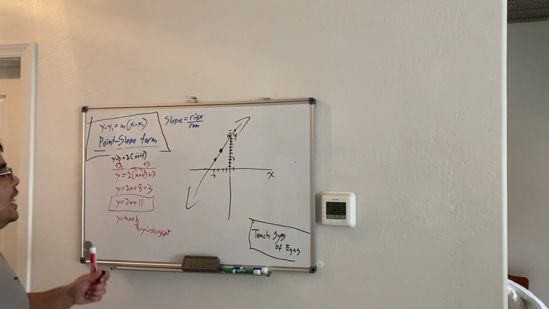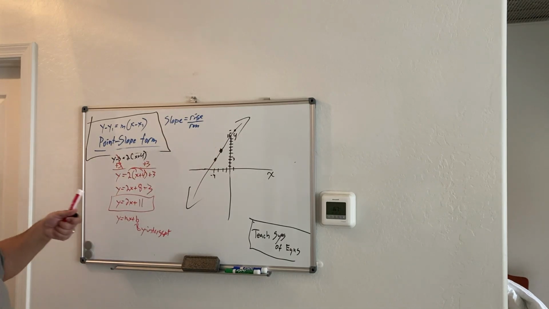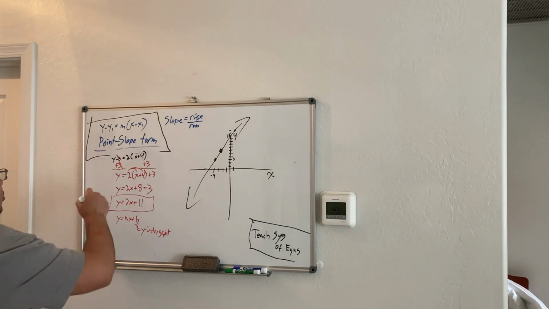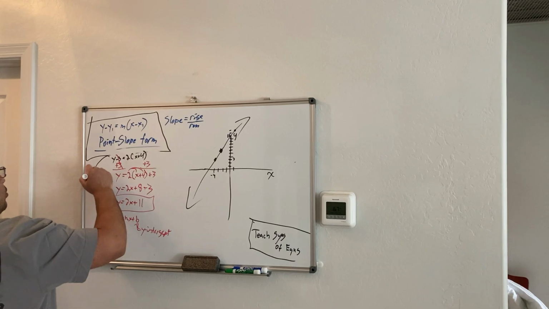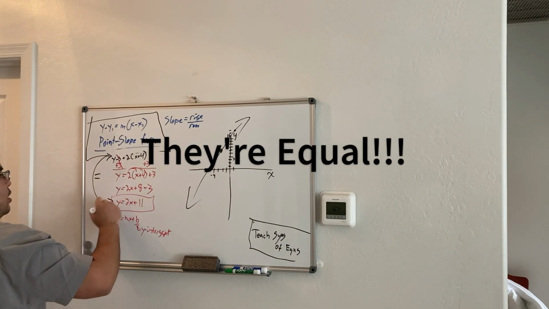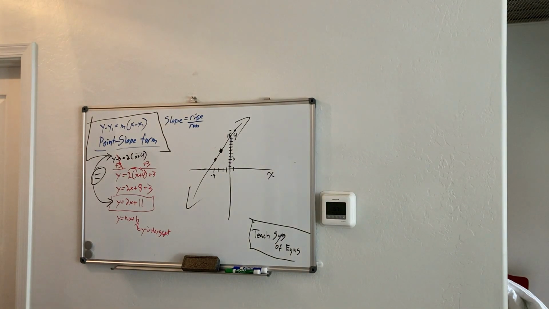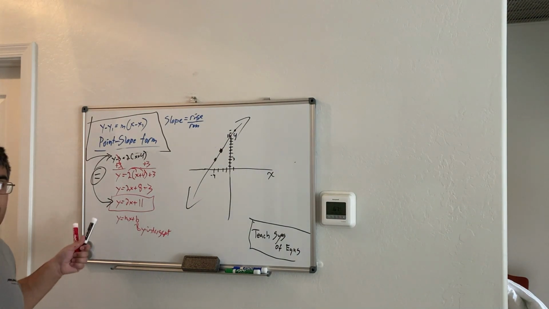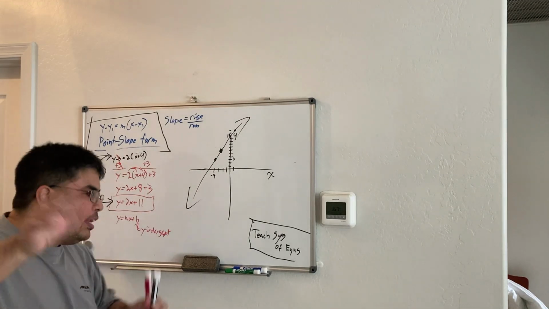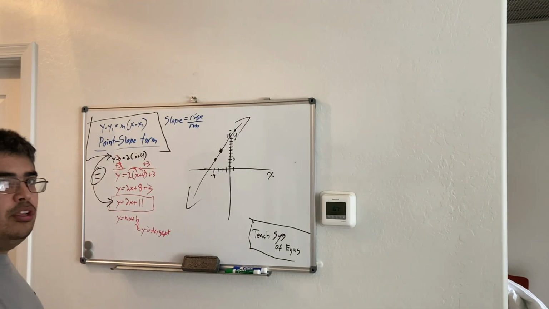So you can see this is the line. This is the same line. These two are equal to each other. They're the same thing. We just reorganized things. That's what you can do in algebra. You can reorganize things into a different format that you like.